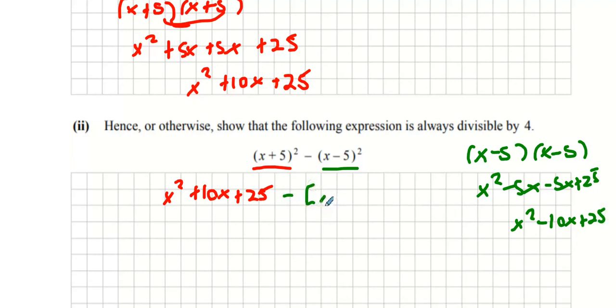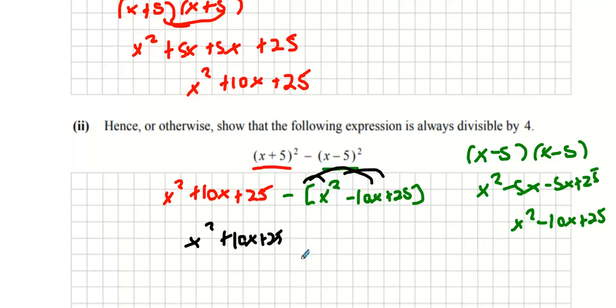You've got to put it in like this. Don't forget the minus sign in the middle, lads, because when you multiply it in by the minus, remember you're multiplying everything in here by minus, so it's going to be minus x squared plus 10x minus 25, and then the two of them take away from each other, and you're just left with 20x because the 25s and the x squareds cancel.